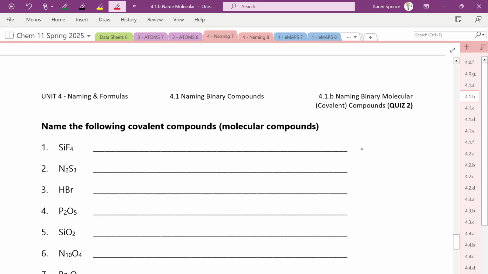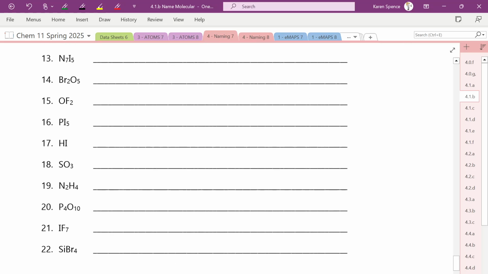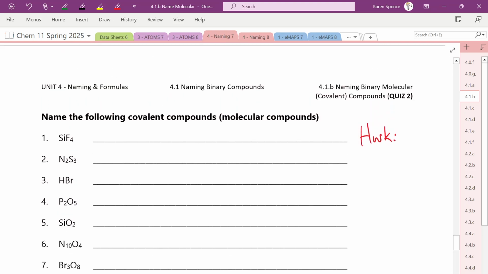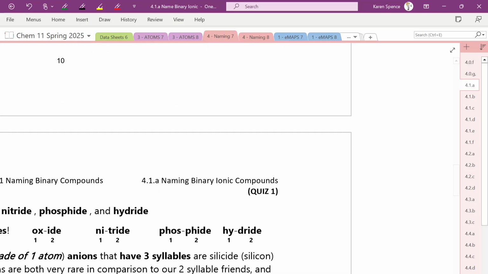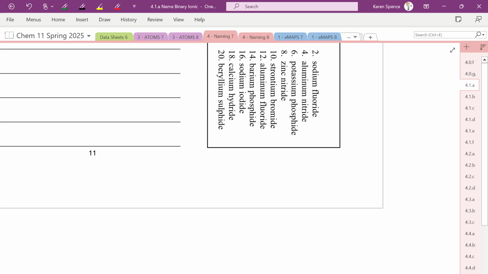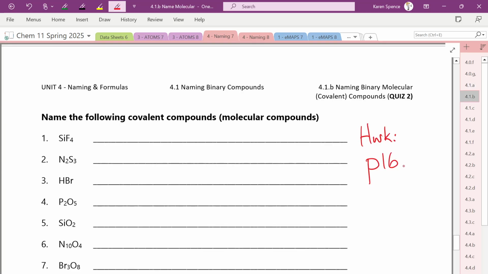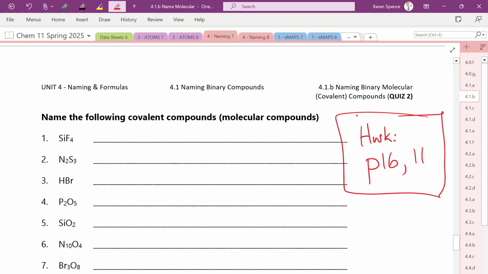So for homework, you can do page 16 and page 11. Check in with your answer key frequently, especially for page 16, and pay attention to things like dropping the A. So pay attention to the spelling.